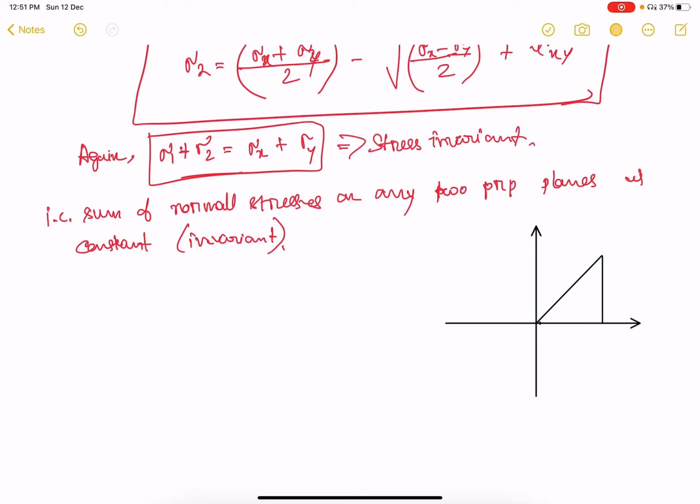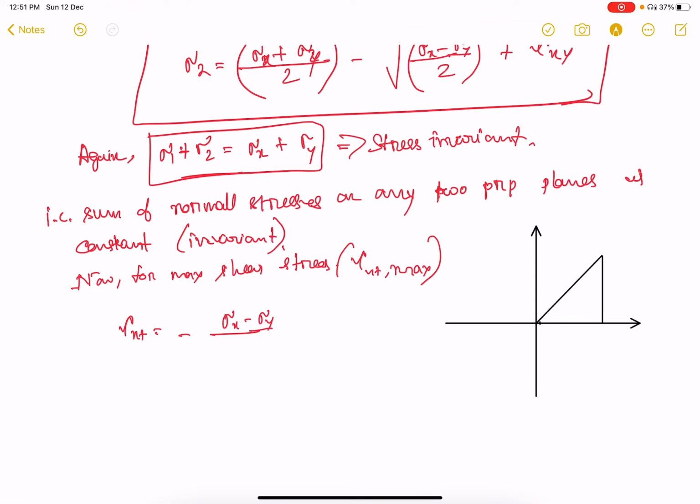Now for maximum shear stress, tau nt max. We have tau nt; what is the formula? Just like that, we will write down minus (sigma x minus sigma y) divided by 2 times sine 2θ plus tau xy cos 2θ.